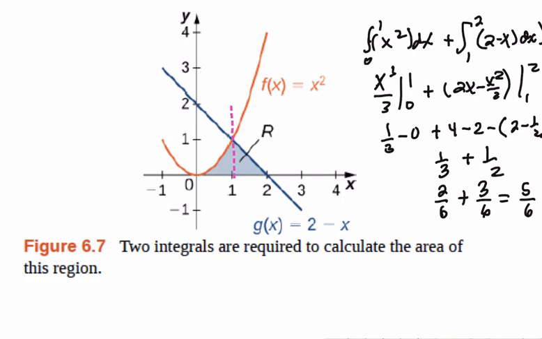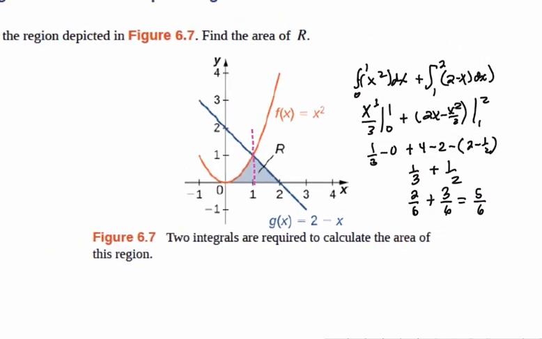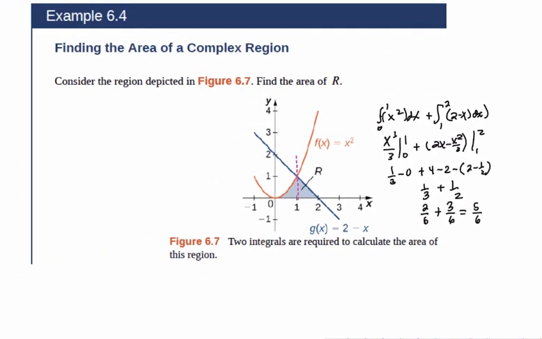So that is our area that is defined. They have defined that region for us, and we just kind of have to interpret. If it hits the x-axis perfectly, then it is just the integral of that curve that is defining that area up above. So there is example 6.4.